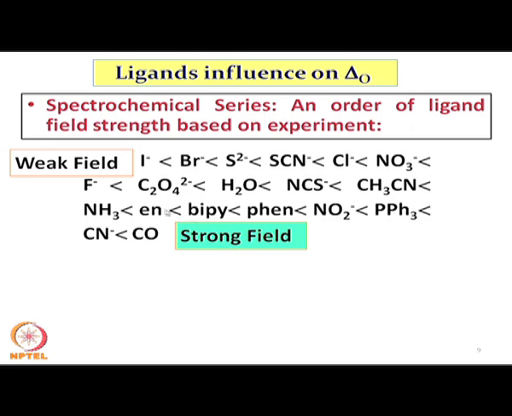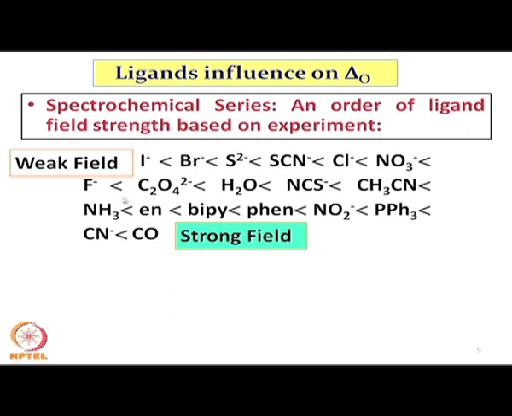After ethylene diamine it has a chelate effect, which we have discussed earlier. Though oxalate is also a chelating ligand, it is weak in nature, still weaker than the water molecule itself.